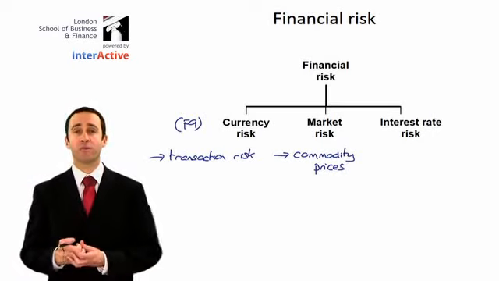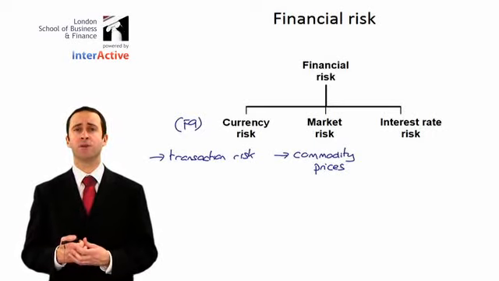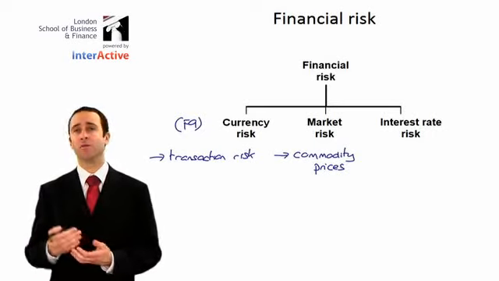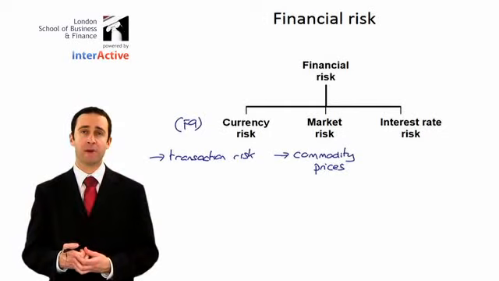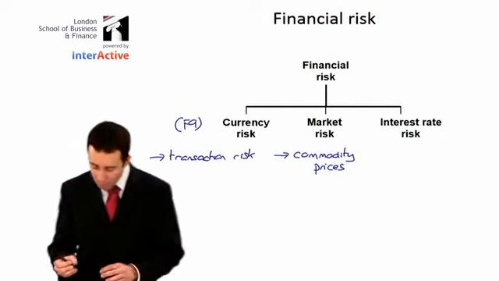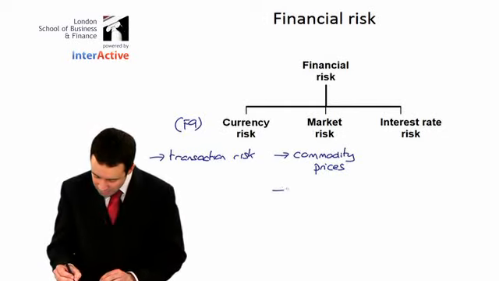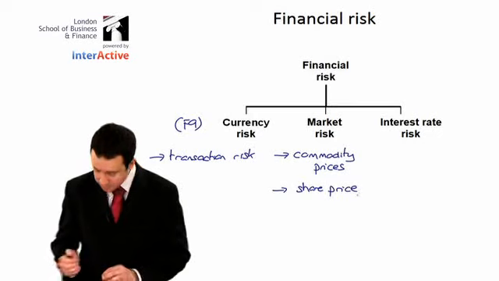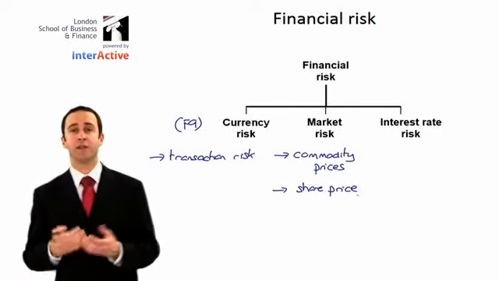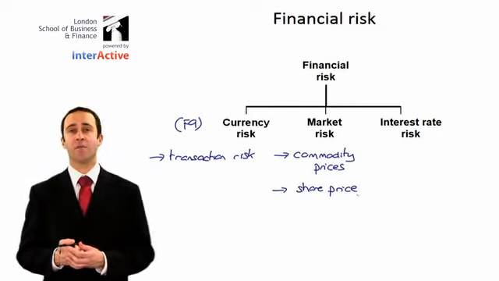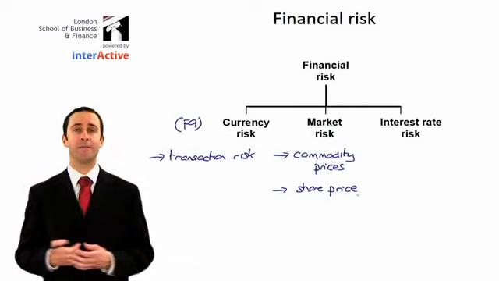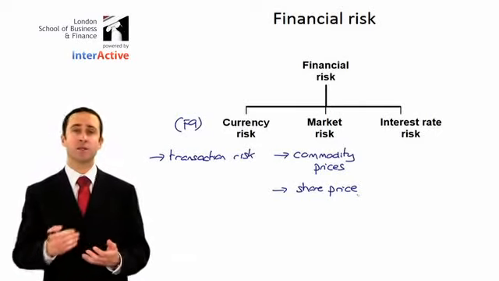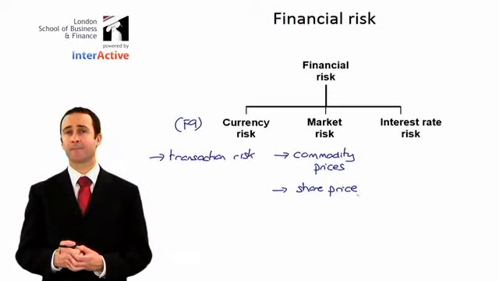Again, you're worried that the price of gold will rise and you'll pay more in the future than what you could have paid if you were to buy it today. The other market risk that you can commonly see is share price risk. If you're looking to buy a share in the future, there's a risk that the price of the share will increase and you'll pay more for that share in the future than you will today.